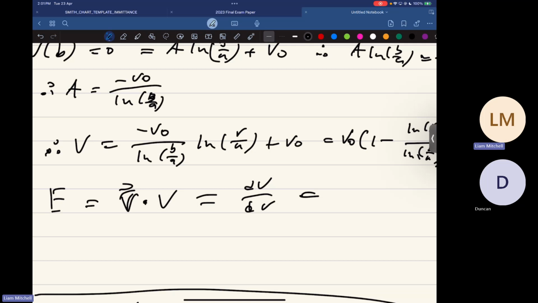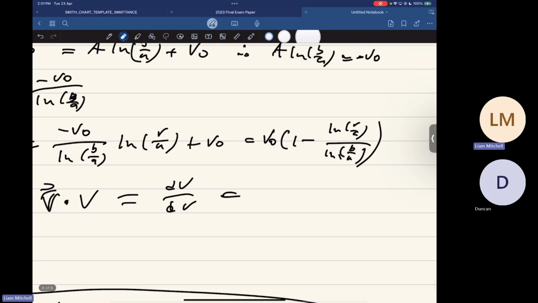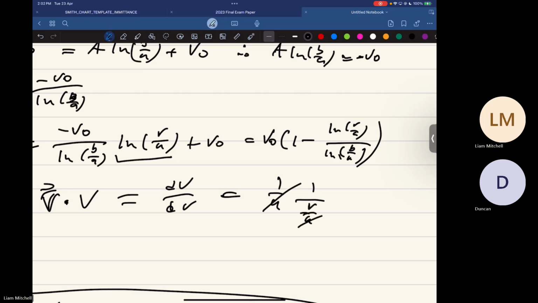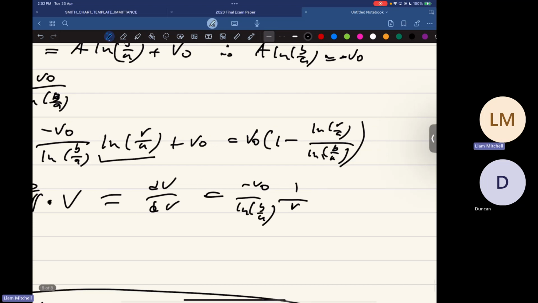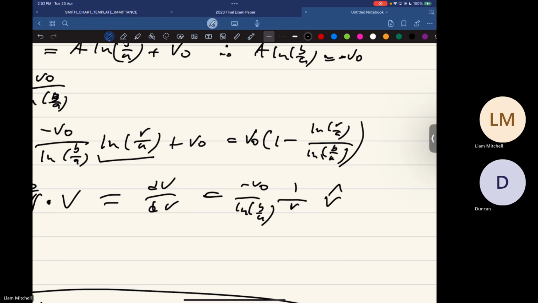Then you take the derivative of the log. A factor 1 over a gets on top and on the bottom, so it cancels out. So you get 1 over r. So we get minus v naught over ln b on a, times 1 over r, r hat.